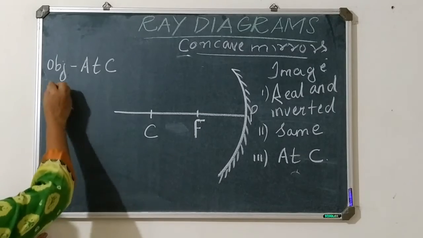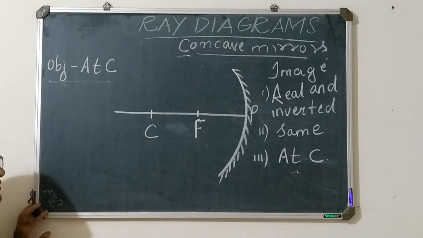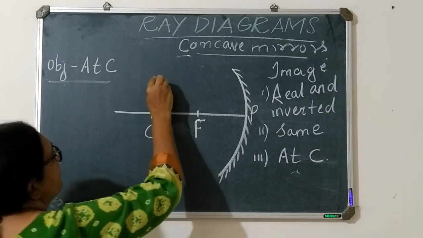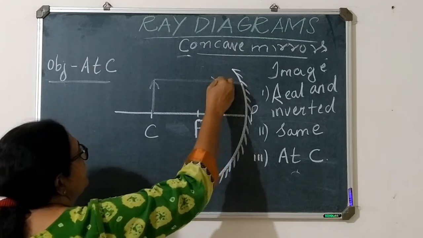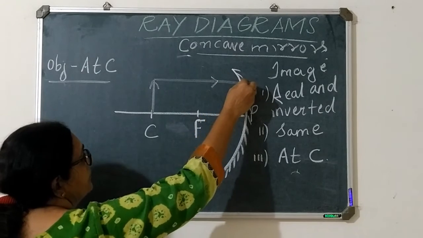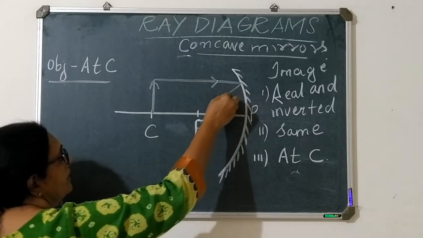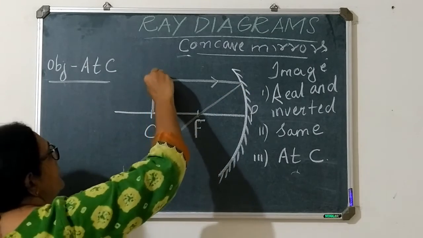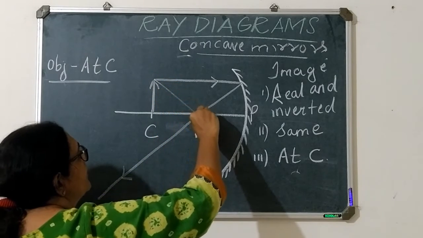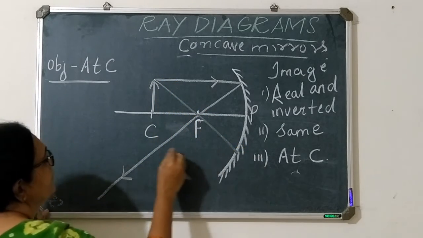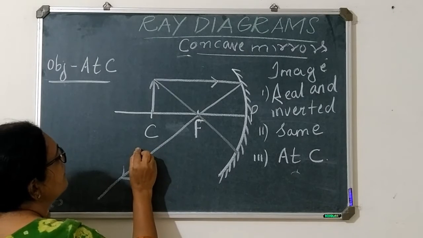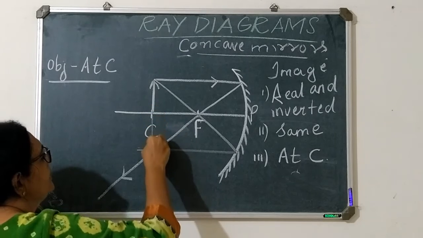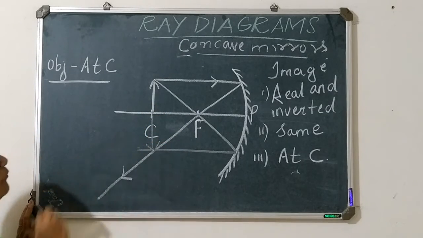If the object is kept at C, that is at center of curvature, let us place the object at center of curvature. One ray will run parallel to the principal axis. The ray which runs parallel to the principal axis after reflecting will pass through the focus. Okay, and the second ray will pass through the focus, and the ray which is passing through the focus after reflecting will run parallel to the principal axis, and where both the rays meet, there the image will be formed.